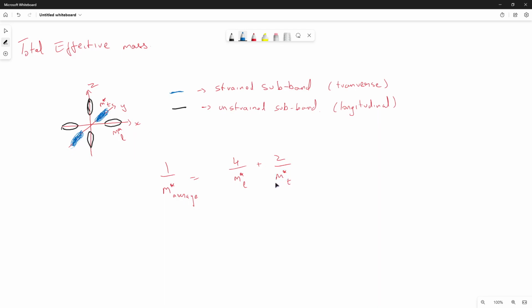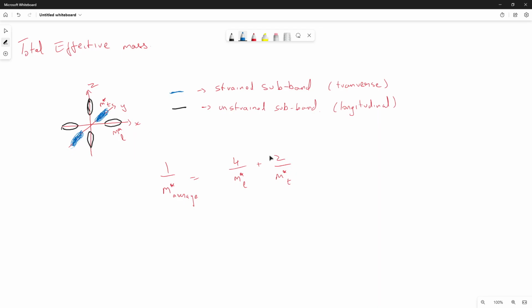If it becomes smaller and smaller, 1 upon M average will increase. That implies M average will reduce. Is that clear? Sir, if M transverse is getting smaller and smaller, then 2 upon something like infinity... No, take the response as 0.